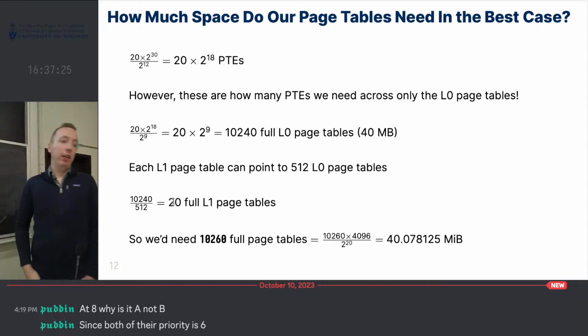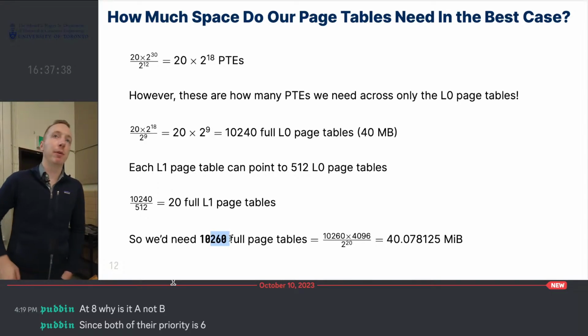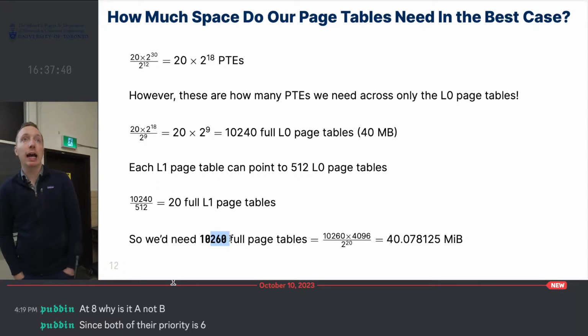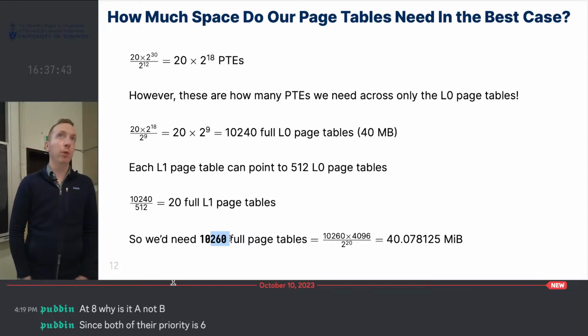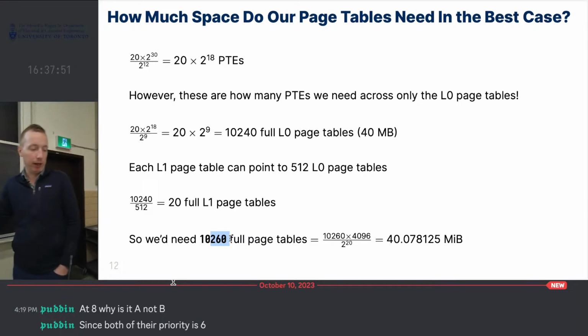So in total, we need 10,240 L0 page tables, 20 L1 page tables, so we would need 10,260 full tables. In this case, we wouldn't add an L2 page table because each process only has one of them. It would already have one. It would already have entries in it already.